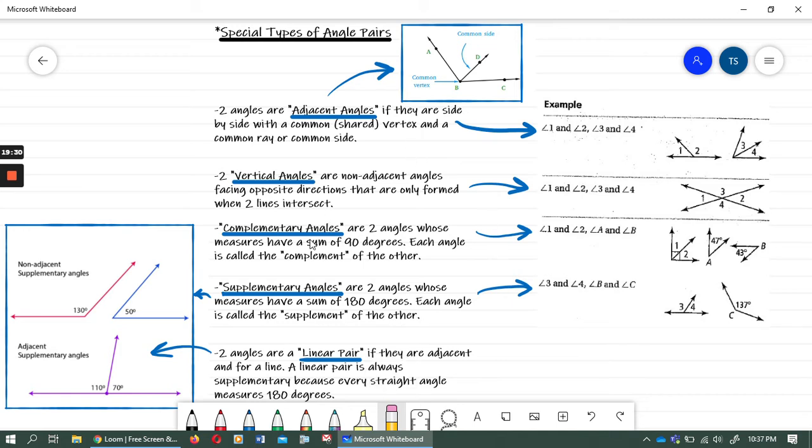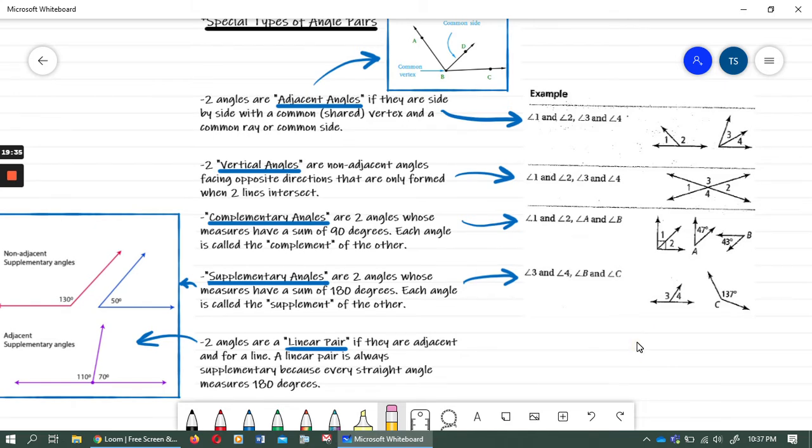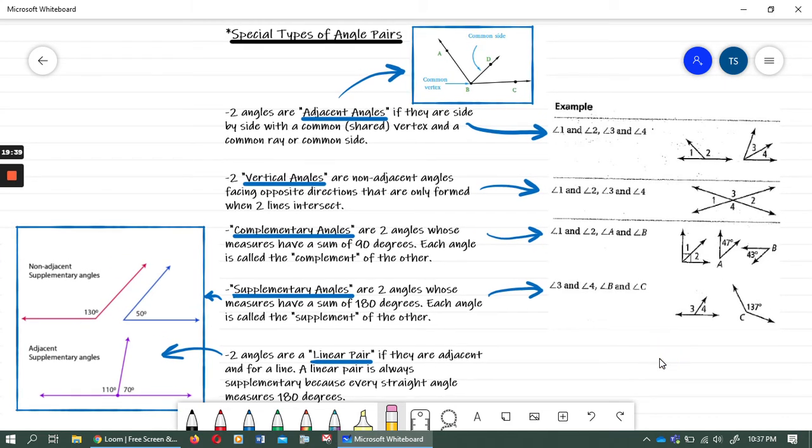All right, next up, complementary angles. Most of you guys probably already remember complementary and supplementary angles, but please pay attention because there may be some new information that you did not know already. And there may be some folks who are not enrolled in my class at our school who may not even know what complementary or supplementary angles are.